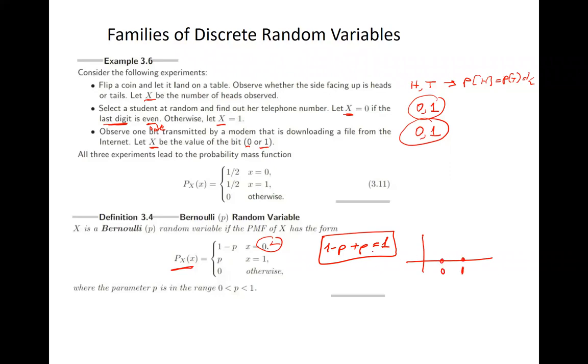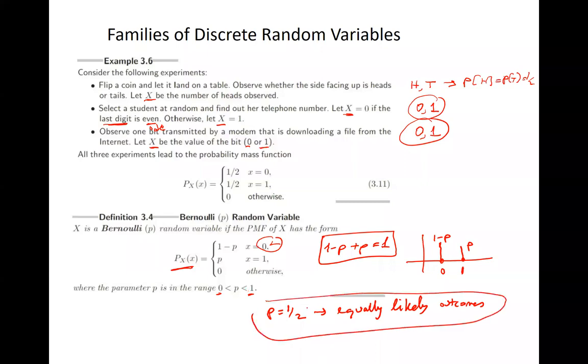Let's say this is P, then this is going to be 1 minus P. If P is 1 over 2, then these are equally likely outcomes, okay? Usually this P is between 0 and 1. It's not 1, it's not 0, it's something between them. If they are equally likely, we take its half.